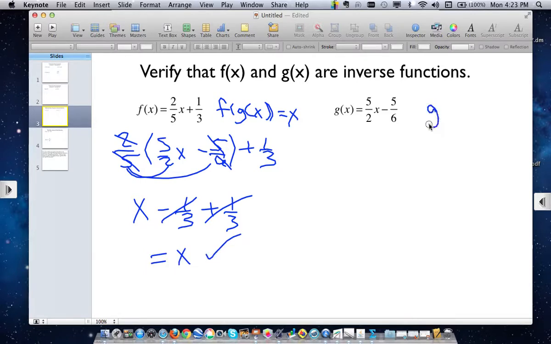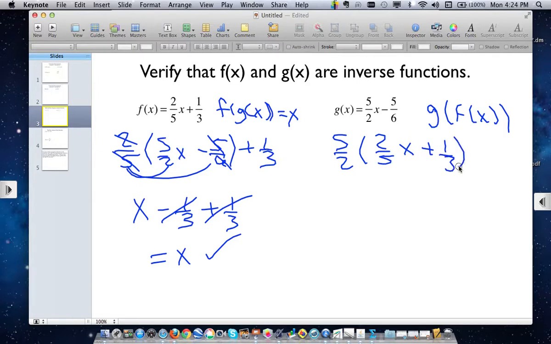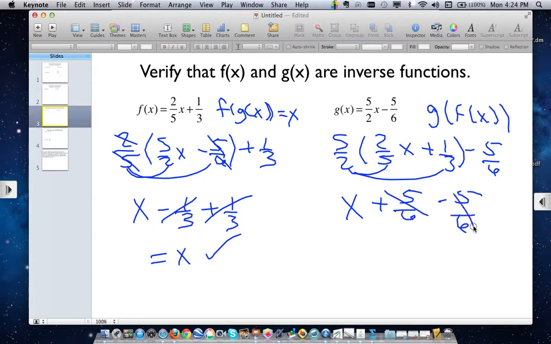Now let's check to see if g of f of x does the same thing. So 5/2 times 2/5 x plus 1/3 minus 5/6. Distribute, we get x plus 5/6 minus 5/6 cancels out, so we are left with just the 1x again.